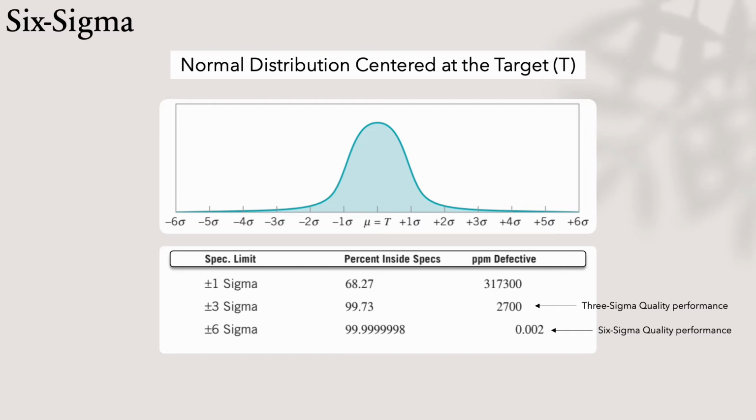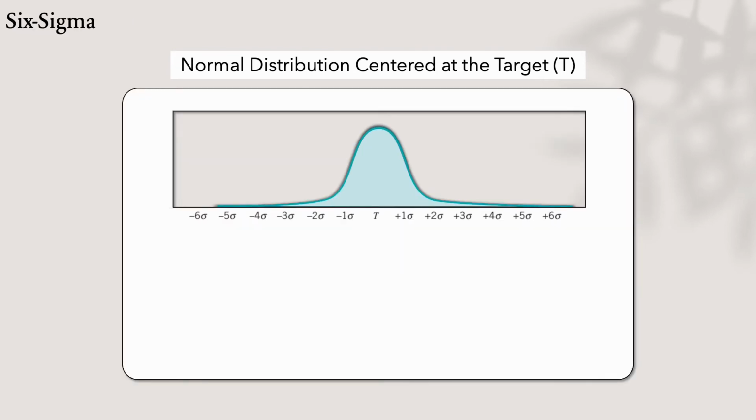In the initial development of the Six Sigma program at Motorola, there was an assumption made. That initial assumption was actually that as soon as the performance approaches Six Sigma quality, the mean of this distribution also fluctuates.